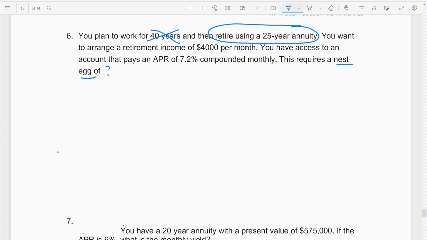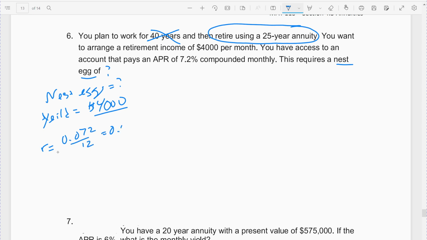So again, nest egg means you're going to use one of the nest egg formulas. You want to figure out the nest egg. Your yield, right? Your income is the $4,000 a month. Your interest rate, 0.072 divided by 12, which again does come out nicely, 0.006.